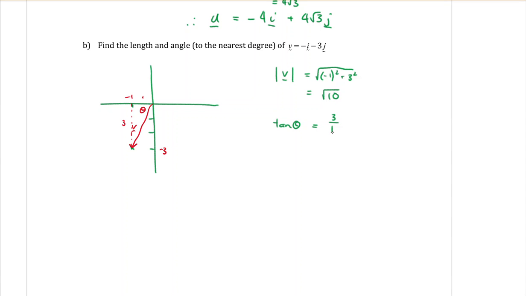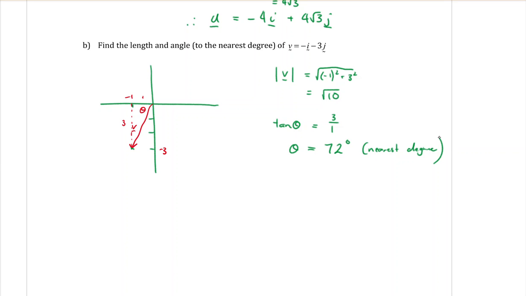Unfortunately, we can't do this one exactly. You would need to do inverse tan of 3, which is 71.565 degrees, so 72 degrees to the nearest degree.